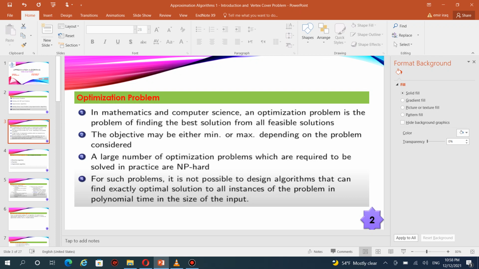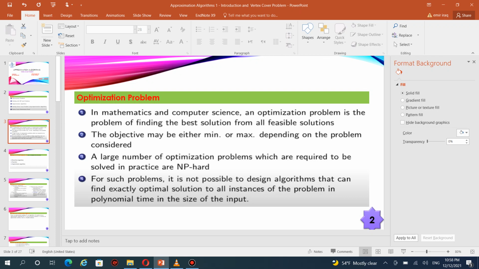Also, we have a large number of optimization problems having exponential time complexity, like NP-hard ones, such as the TSP problem, the traveling salesman problem, the 0/1 knapsack problem and the vertex cover problem.